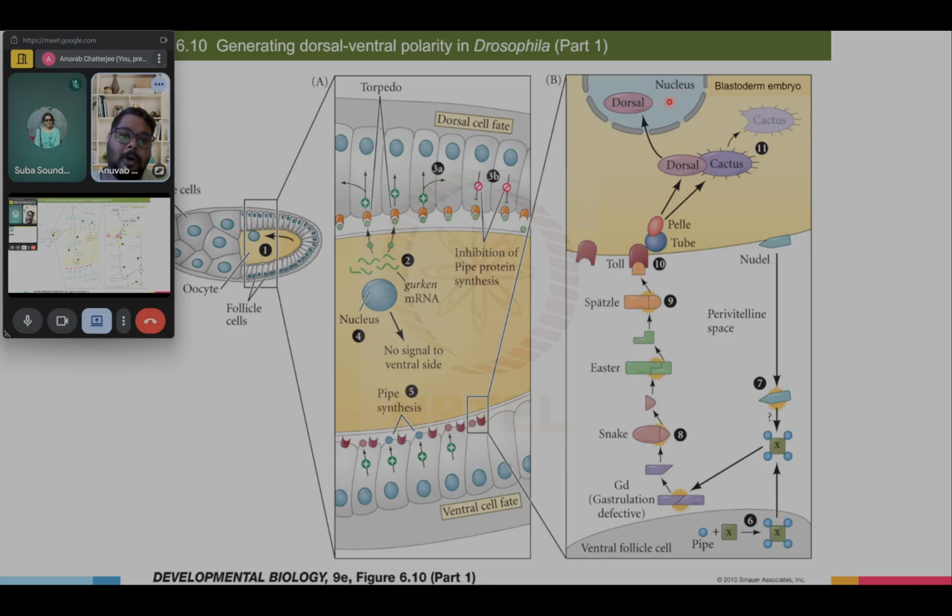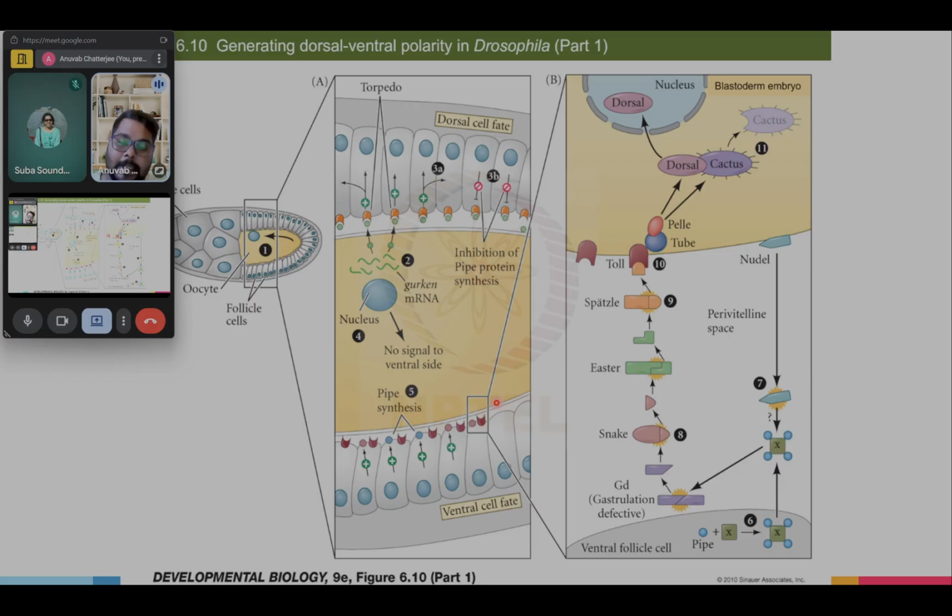So this causes all the nuclei close to the ventral region to now receive the ventralizing signal, which is Dorsal, and ventralize that part of the embryo. So essentially this entire region, which did not receive the initial Gurken signal, will become ventralized, and that is how you form the dorsal-ventral polarity. Nuclei on the top here will produce particular signals which will cause dorsalization from this part, and the ventralizing signal from here will stop those dorsalizing signals and activate different genes, which we will also look at.